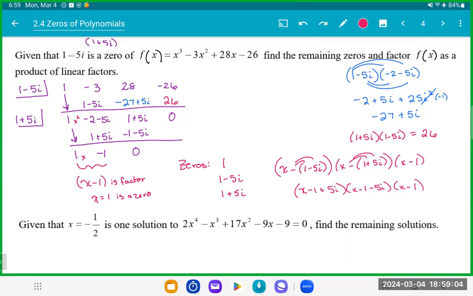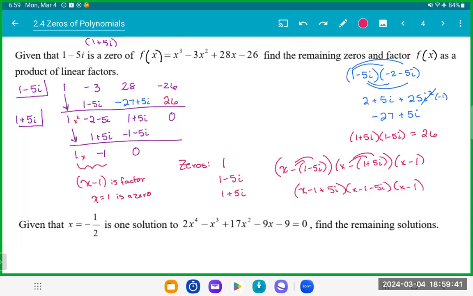So 1 times negative 2 is negative 2. 1 times negative 5i is negative 5i, and negative 5i times negative 2 is negative 10i. I mean, is positive 10i. So a positive 10 minus a 5 is positive 5i for that one.